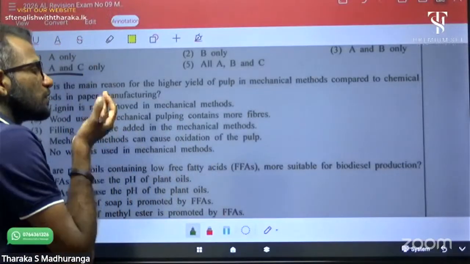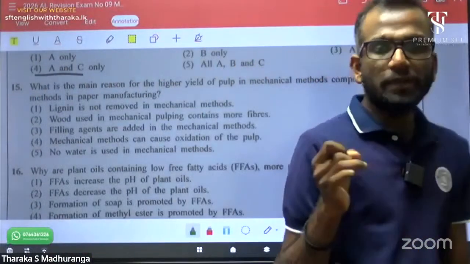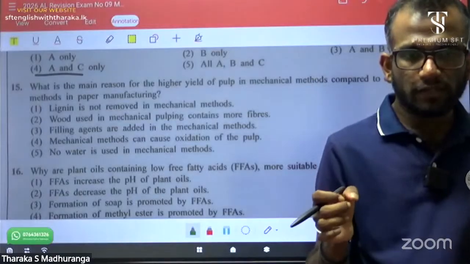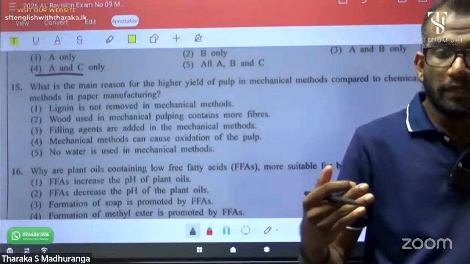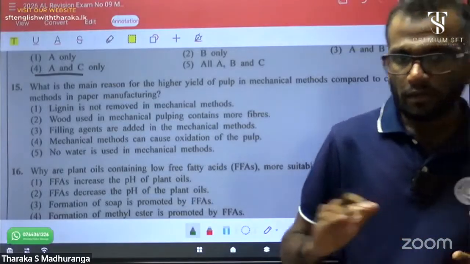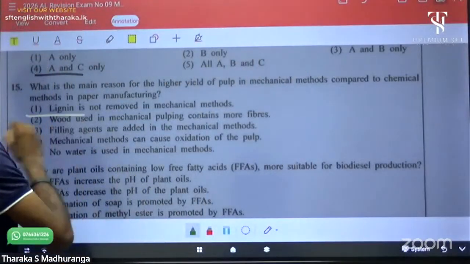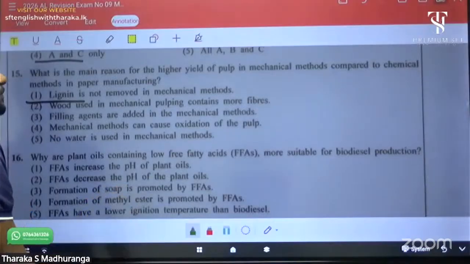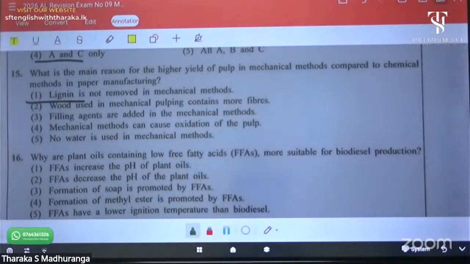In the chemical method, all the lignin will be digested, therefore the yield is very low. But in the mechanical method, lignin is only broken down, not digested. Therefore, lignin is not removed in the mechanical method. That's the answer for the high yield in the mechanical method.